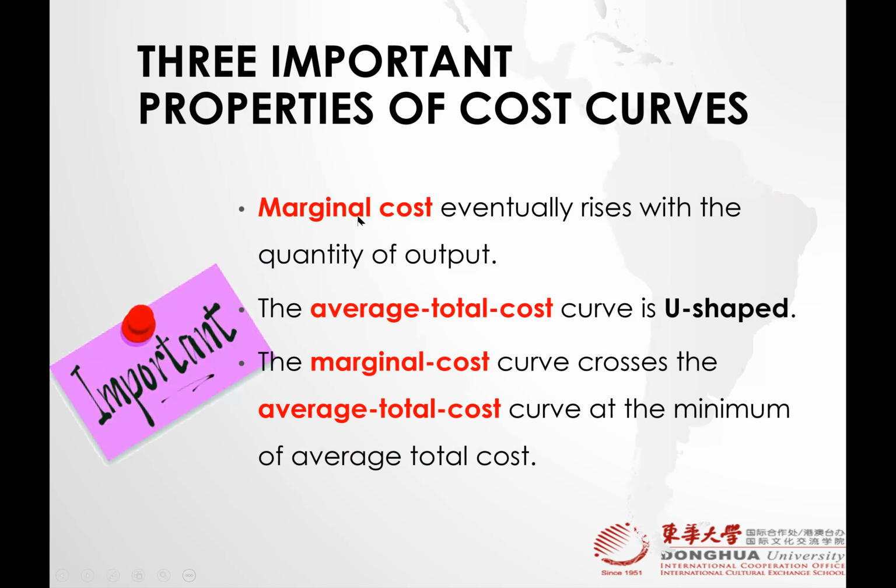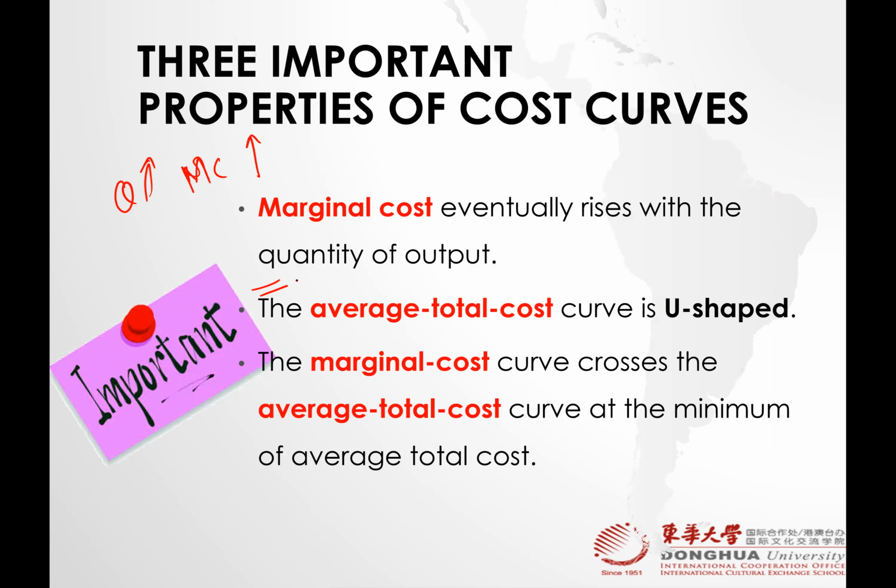Now, marginal cost eventually rises with the quantity of output. Even if you go to your class activity, you see that when production rises, marginal cost also rises, right?